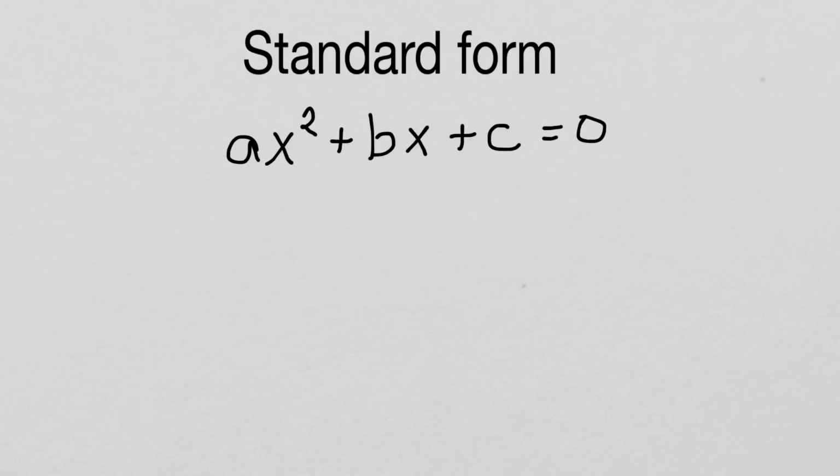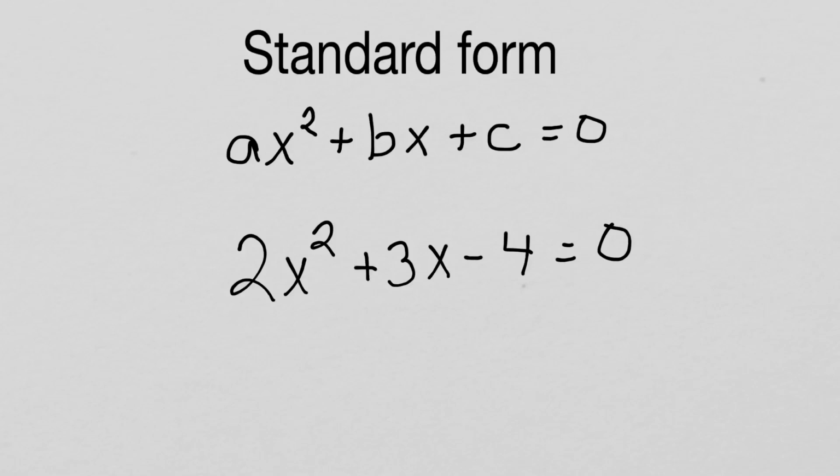I'm just going to throw out a trinomial, one like you all have worked on. Let's just say 2x squared plus 3x minus 4 equals 0. This is in standard form.